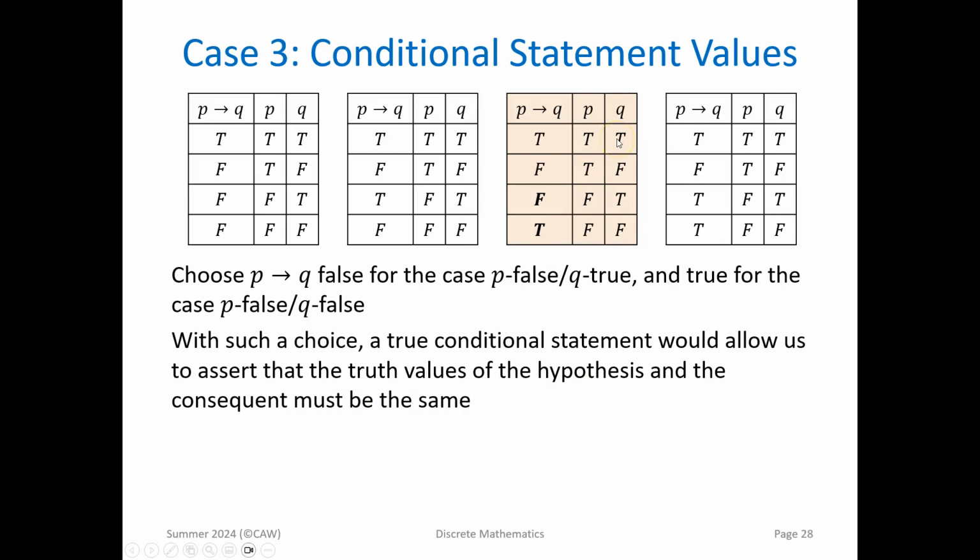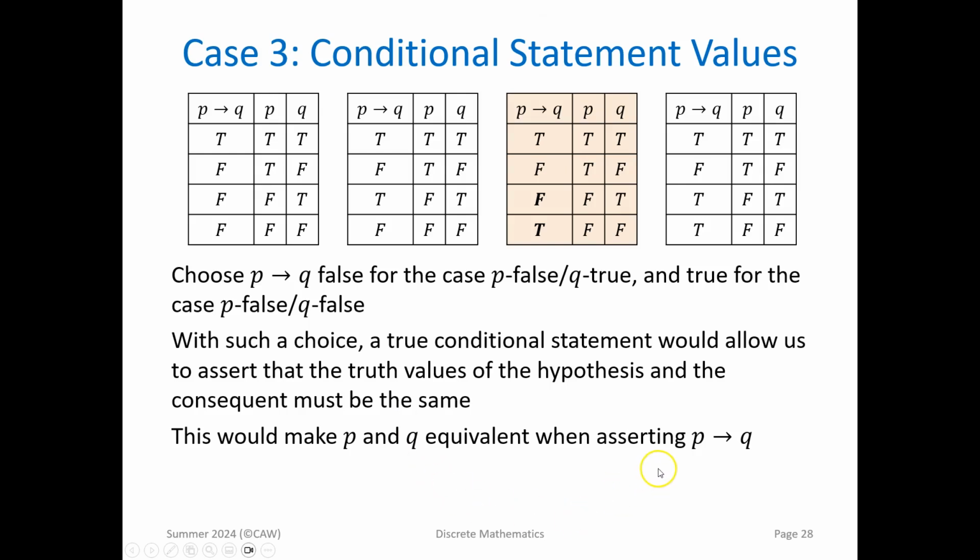We have TT for PQ on the first row, FF for PQ on the last row. This is somewhat like an exclusive or, kind of the opposite, but nonetheless, you can see there's a binding here that we don't want. They would make P and Q equivalent when asserting P then Q. And again, I'd say that this violates Rule 2. It kind of stands in place of their independence.